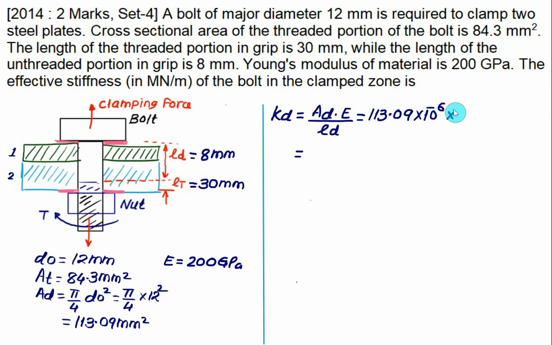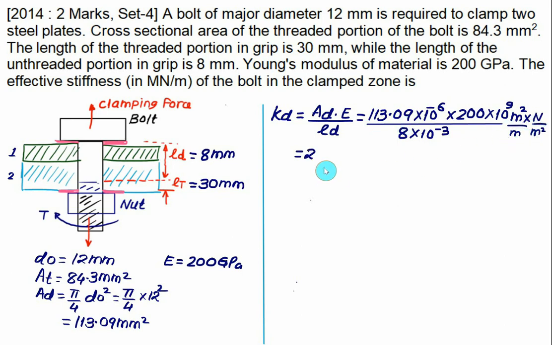Young's modulus is 200 gigapascal, that is 200 into 10 to the power 9, divided by the length of the unthreaded portion, 8 mm, which is 8 into 10 to the power minus 3. So this quantity we have taken in meter squared, Young's modulus as Newton per meter squared, and the length in meters. So the unit of this quantity is Newton per meter.